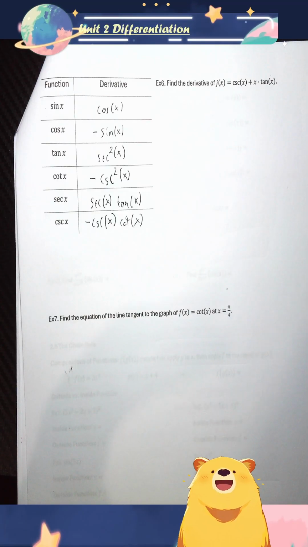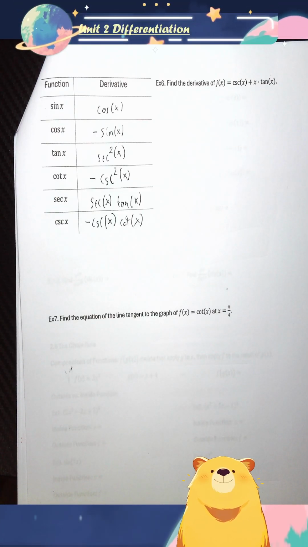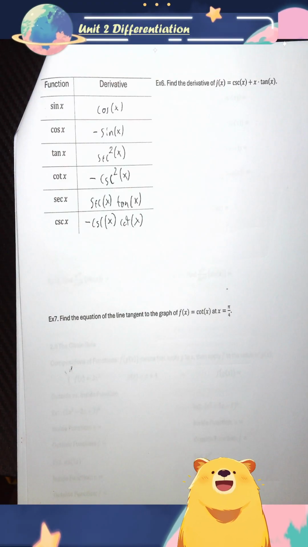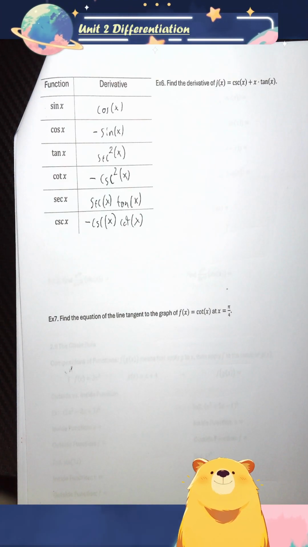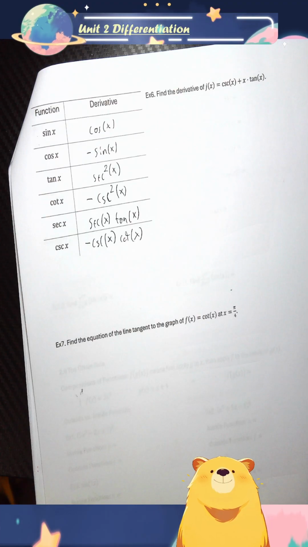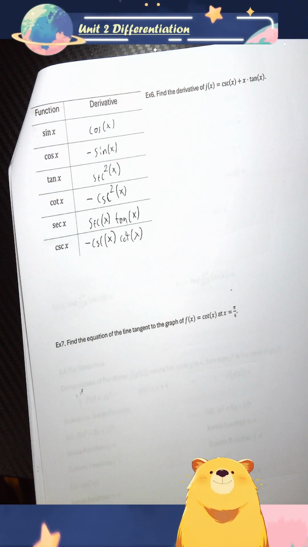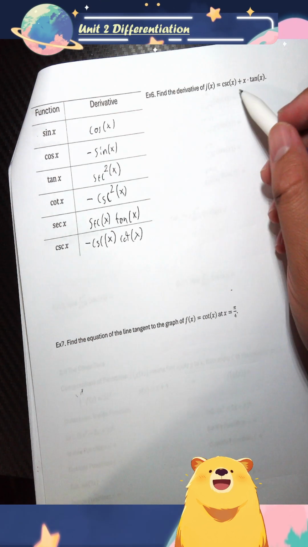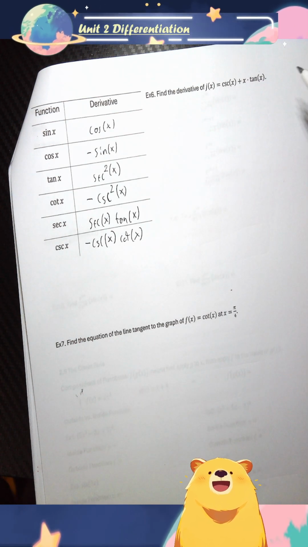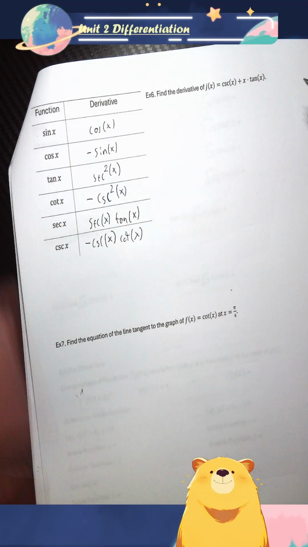With all these derivative rules in mind, let's go ahead and try a bag of mixed problems. Let's start example 6. Find the derivative of j of x, where j of x is equal to cosecant of x plus x times tangent of x. Okay?